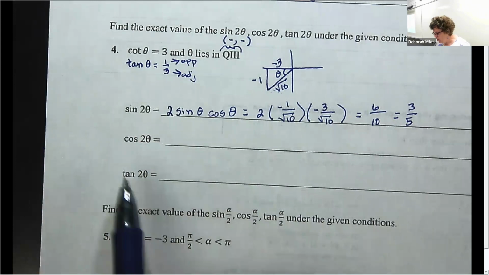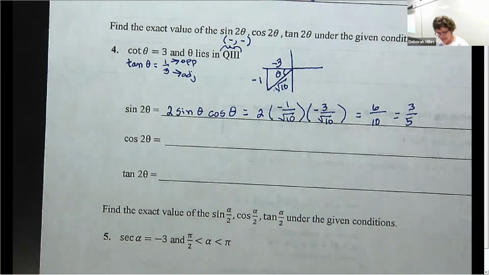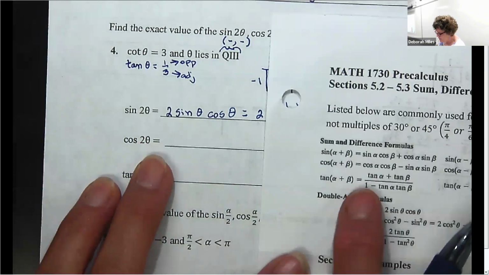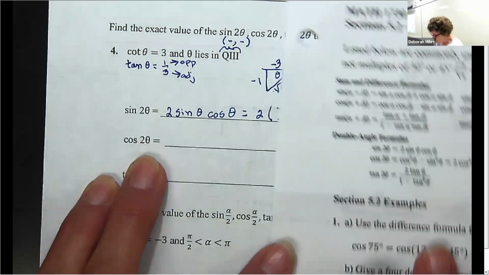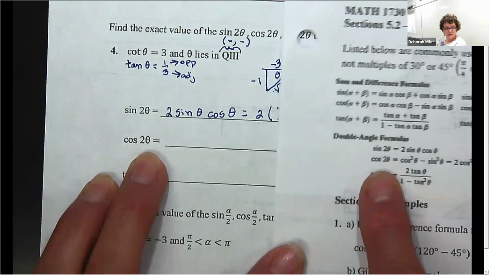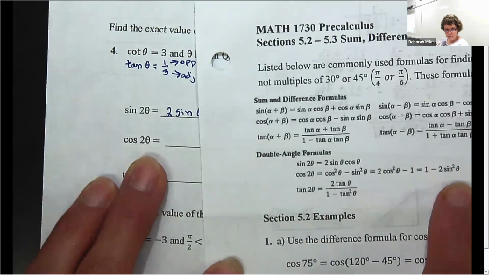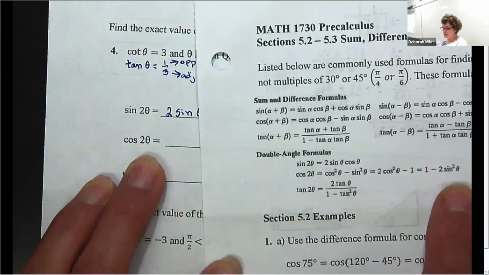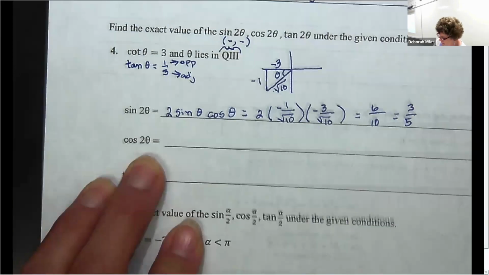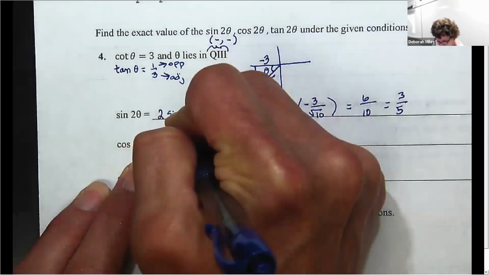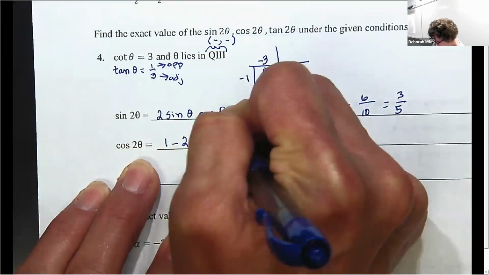All right, what about cosine of 2 theta? Again, I have 3 choices of formulas that I could use for the double angle formula for cosine. If we want to use the same one we used last time and make sure I copy it down right this time, it's 1 minus 2 times sine squared theta.